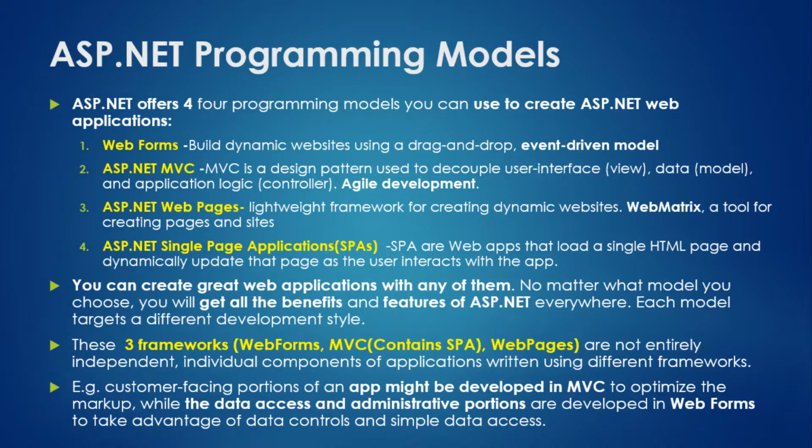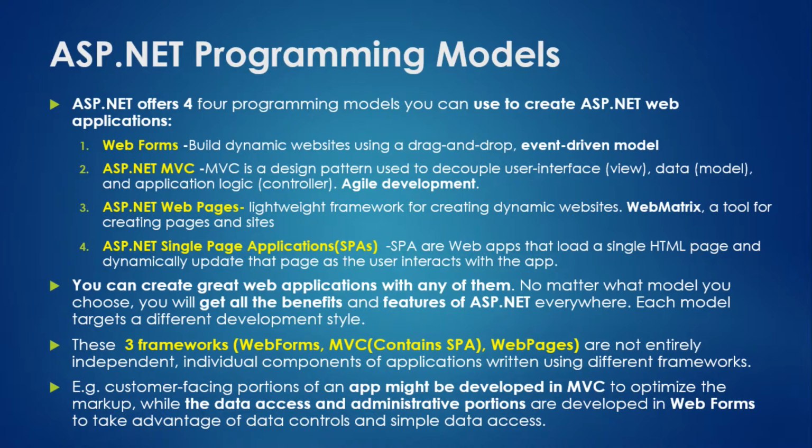The main point is that your application may contain many different things. Your application may contain a web form related part, an MVC related part, or static parts, that is HTML, CSS, JavaScript.